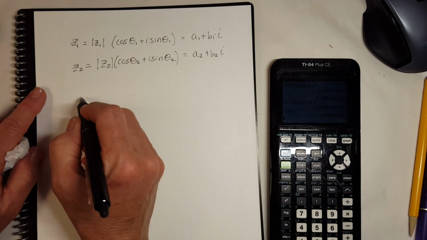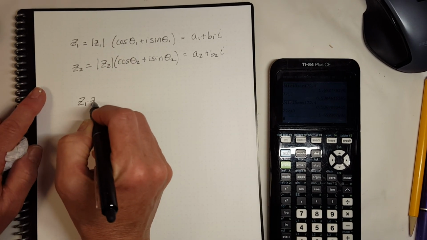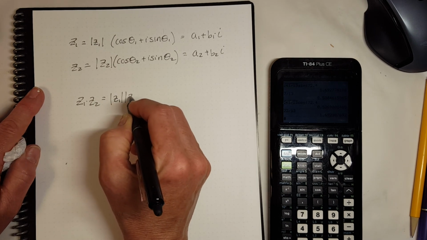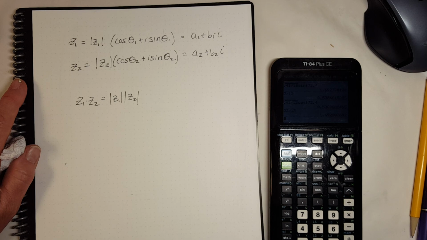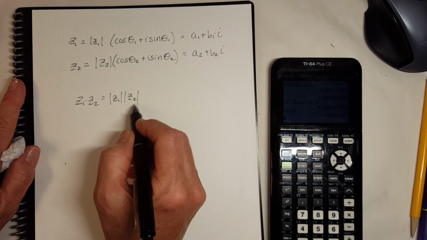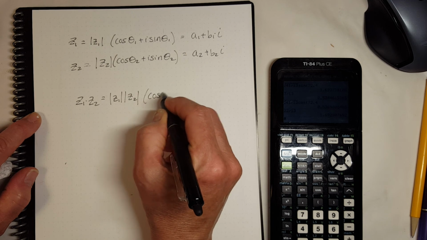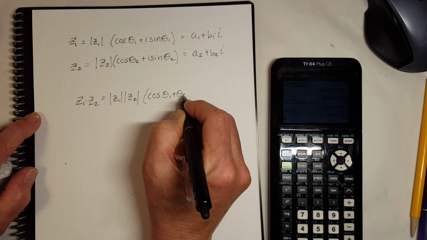Okay, so if I want to multiply z1 times z2, it's going to equal the product of the two absolute values, and then add the angles.